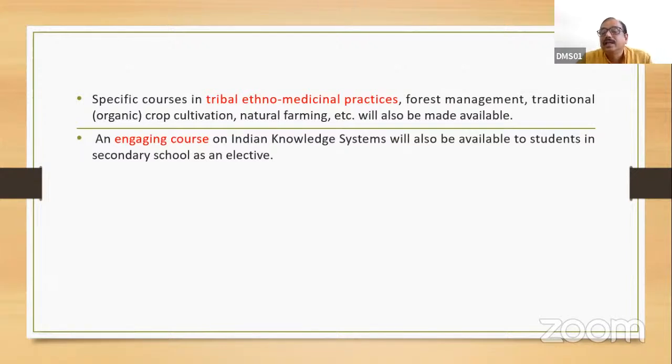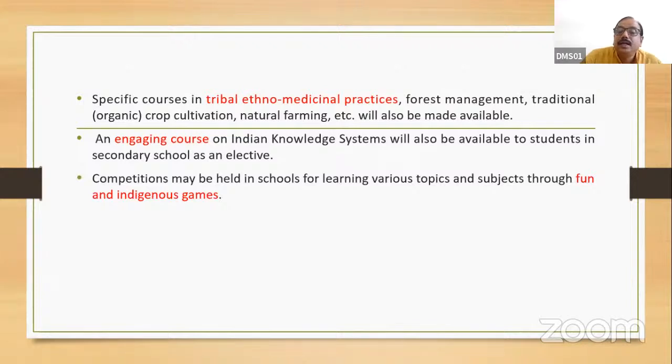And when they select, it is not through teaching them through textbook, it is engaging them literally and practically also by taking them to the respective source of knowledge and interacting with the respective people of the area. So it is in that way, it must be an engaging course. And it is an elective, not a compulsory subject.